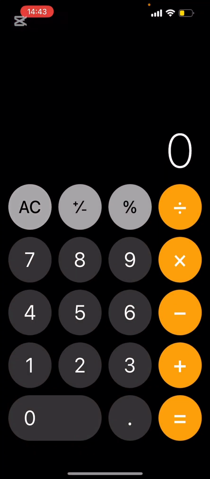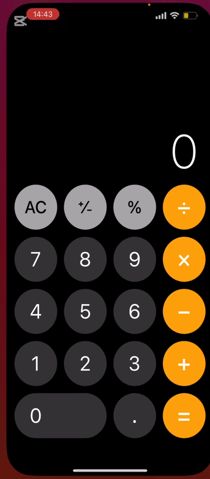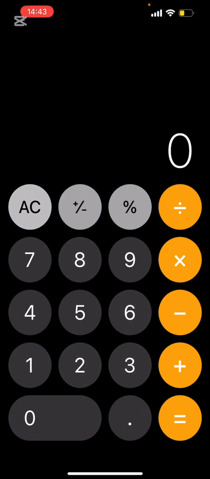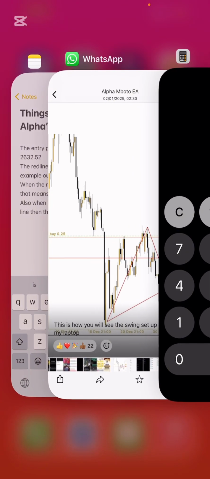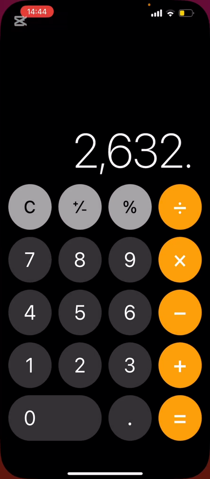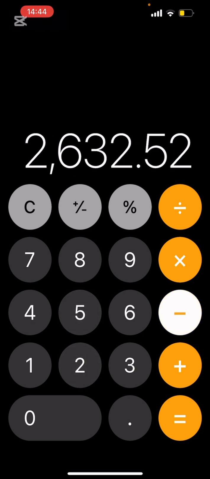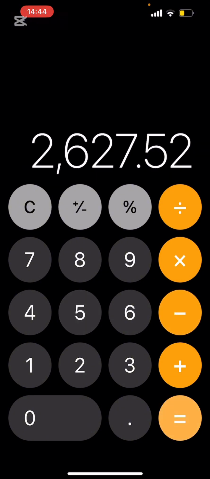Go to a calculator and say my entry point is 2632.52. Minus, guys take note, if I want to make my TP 50 pips, minus 5 will give me 2627.52, right?